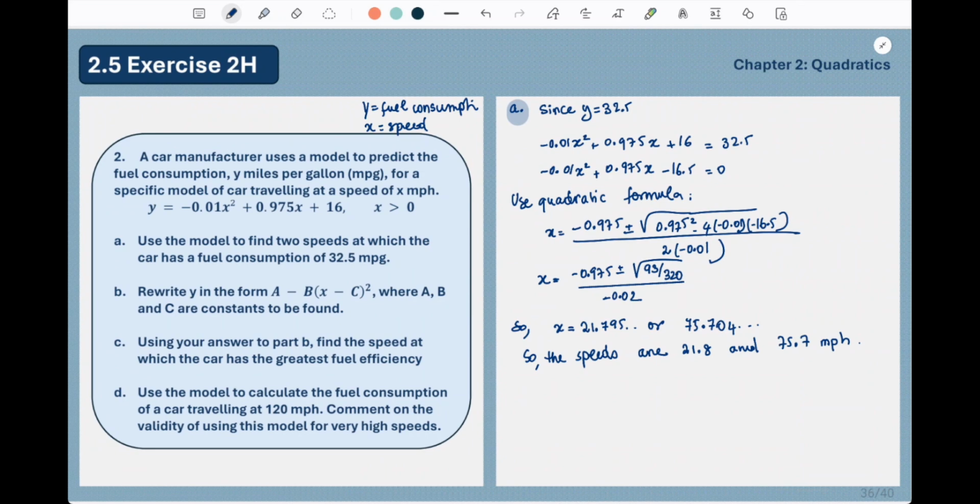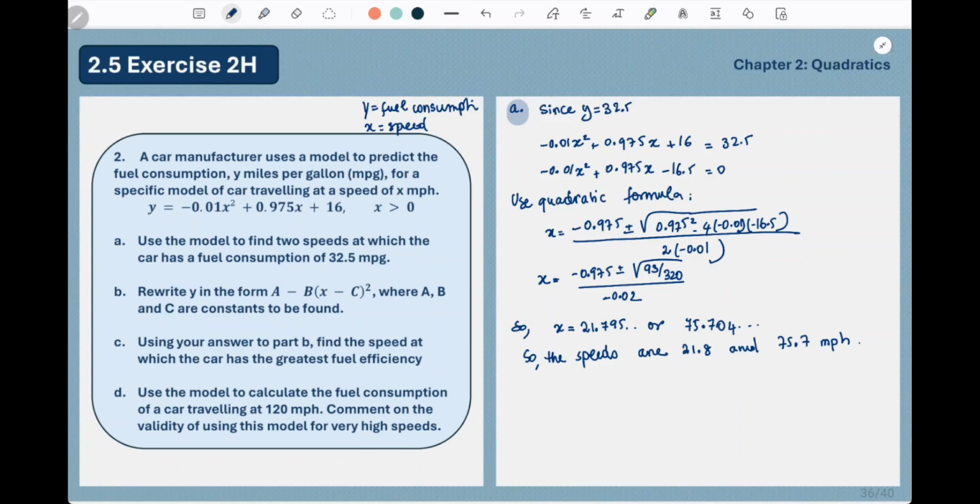So now using your answer to part B, find the speed at which the car has the greatest fuel efficiency. We said the fuel consumption is Y and the speed is X. So we want to see the maximum Y value, which is the maximum value for Y. And we know that we can find that through the completed square form.